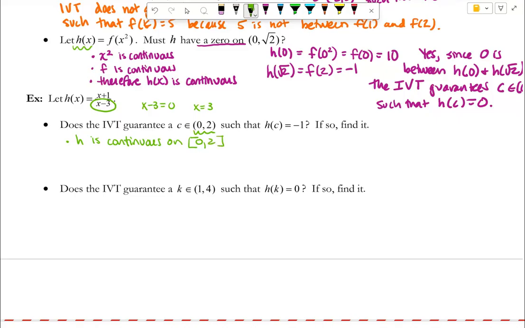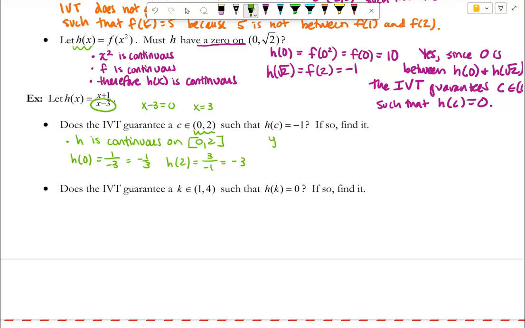And then we also need to evaluate h of 0 and h of 2. So h of 0 is, let's see, 0 plus 1 over 0 minus 3, negative 1/3. H of 2 is 2 plus 1 over 2 minus 3, which is negative 3. So, since negative 1 is between negative 1/3 and negative 3, our answer is yes.